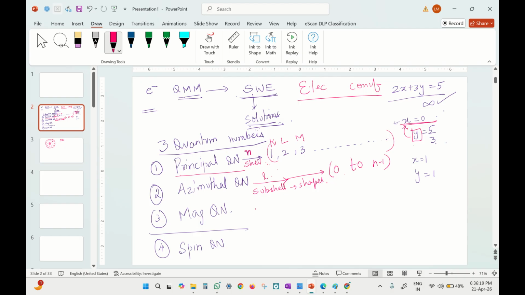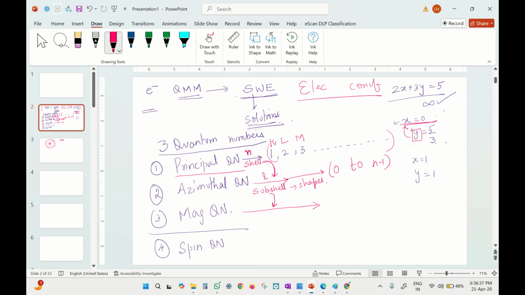Okay. The magnetic quantum number values, what do they represent? I told you within the shell, there are some subshells. Now, these subshells can be one in number or many in number.